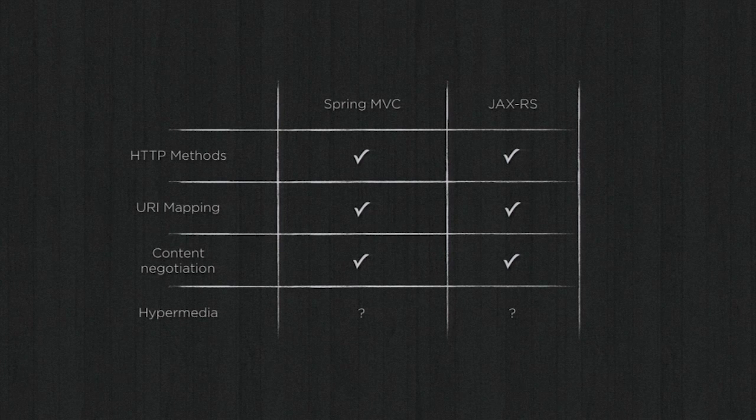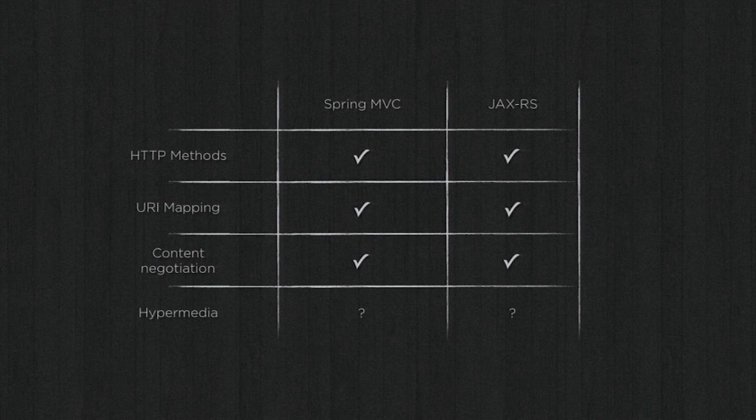The most recent version, JAX-RS 2.1, has added a link builder API, something similar, so that you can point to JAX-RS resources, and it will allow you to build links from the mapping annotations. That's kind of cute. We have a slightly advanced version of that in the project I just showed to you, called Spring HATEOAS, which we built because Spring MVC was lacking this kind of support as well.